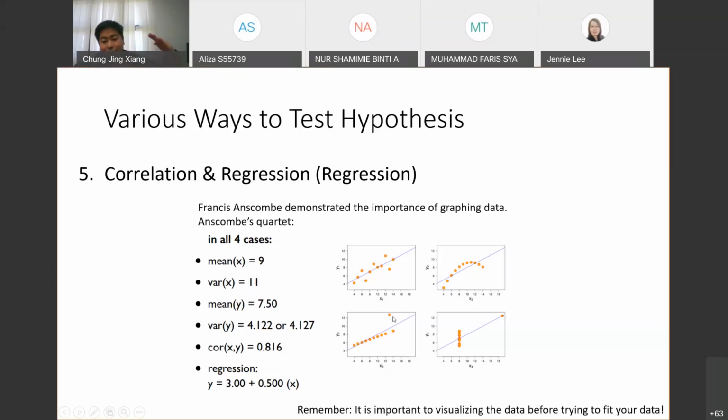The line is supposed to be a bit more vertical, but because of this one outlying value, the blue line goes higher towards the y-axis rather than actually fitting the points.